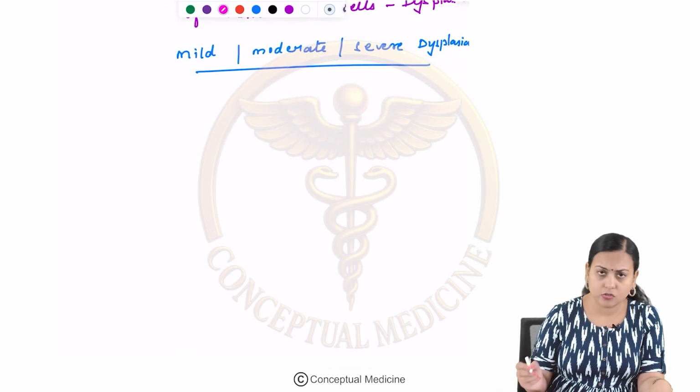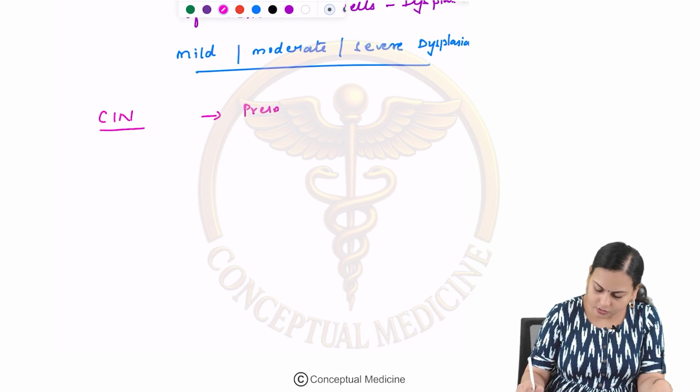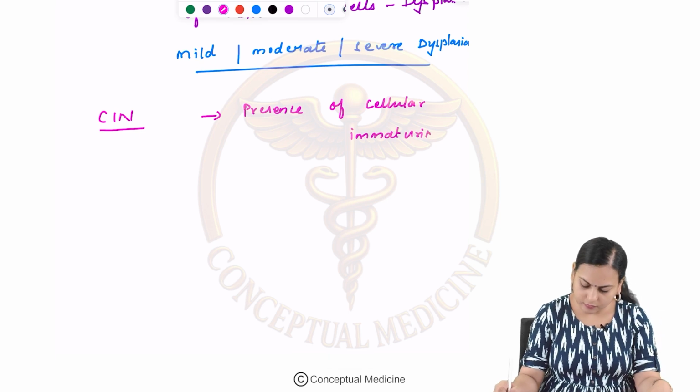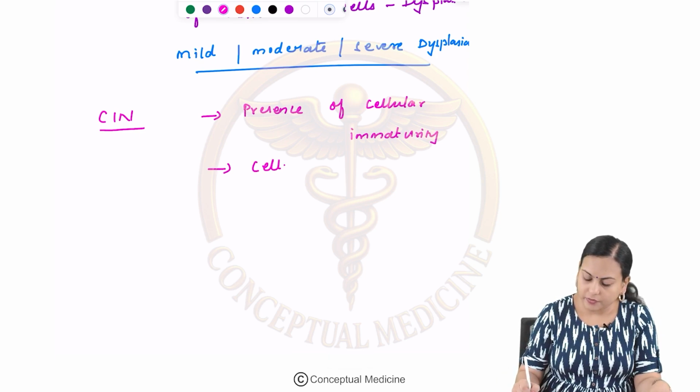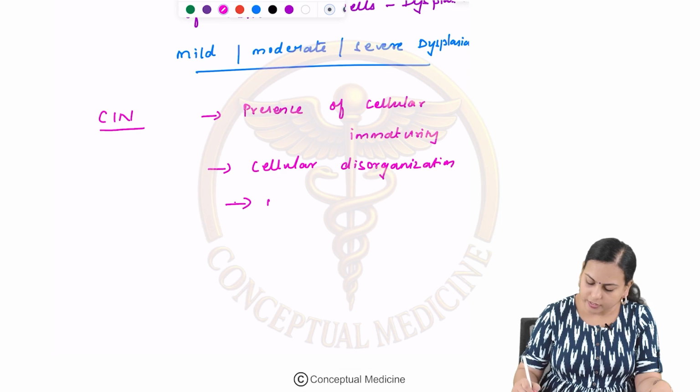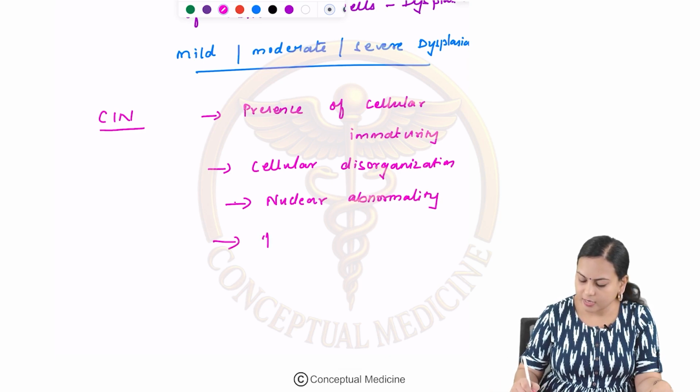So, the diagnosis of CIN depends upon the presence of cellular immaturity, then whether there is cellular disorganization or not, whether there is nuclear abnormality or if there is an increase in mitotic activity as well.